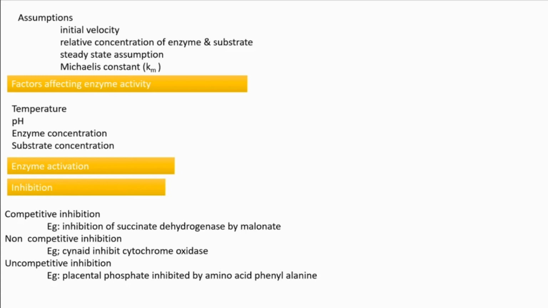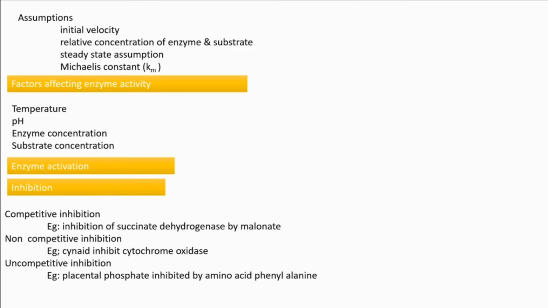That is non-competitive inhibition: there is no structural similarity between the inhibitor and the substrate, the inhibitor binds a different site in the enzyme, and it modifies the structure of the active site after the formation of the enzyme substrate complex. Then we need to think about the values of Km and Vmax. Here this inhibitor is not doing anything to the affinity of the enzyme.